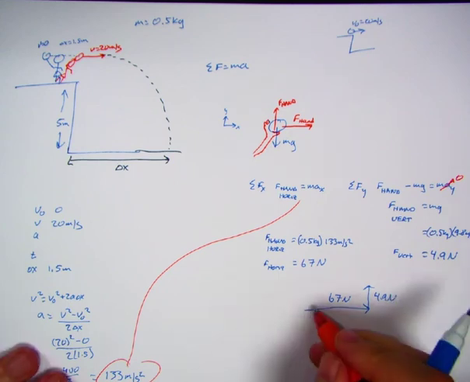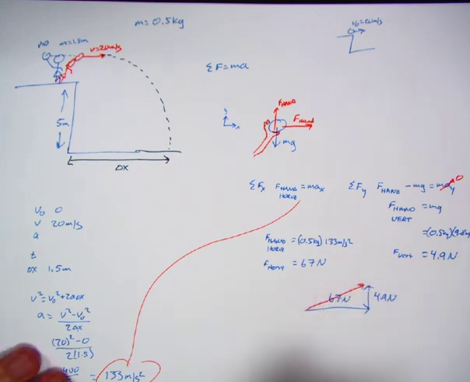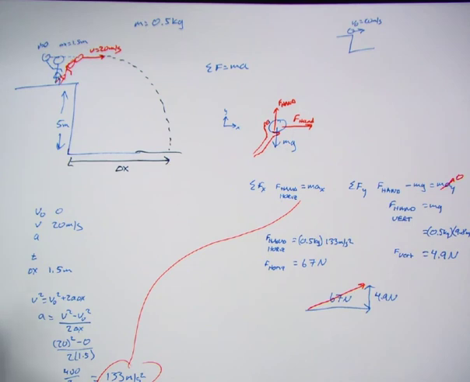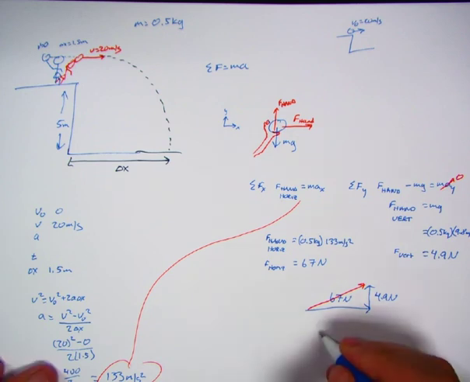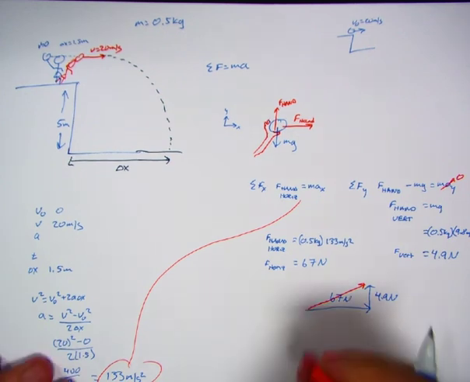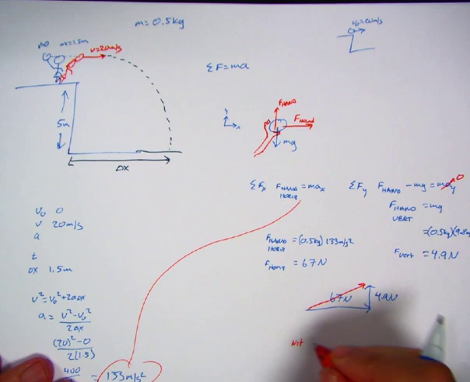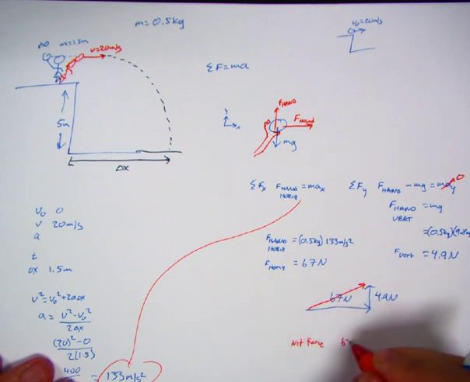So I need to say that my net force, just using Pythagorean, is the square root of 67 squared plus 4.9 squared.